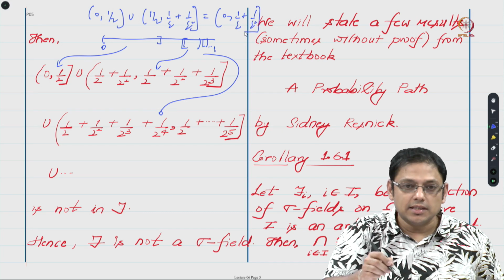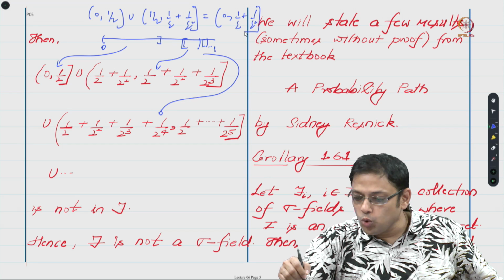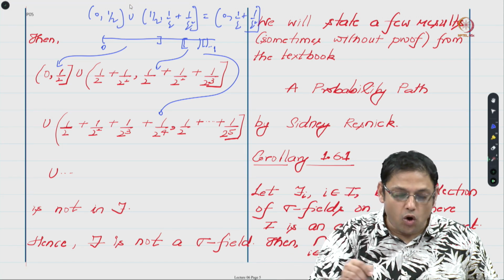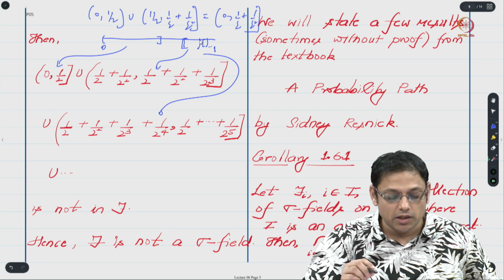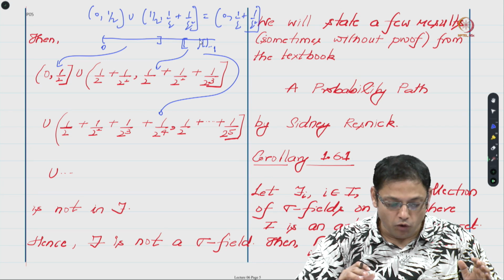You are able to write it in this fashion because there is no gap between these two intervals. However, in this choice we have carefully ensured that there is some gap, and hence if you take this union you cannot write it in a simplified form, right.